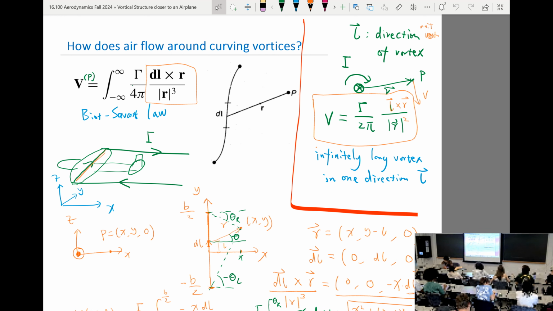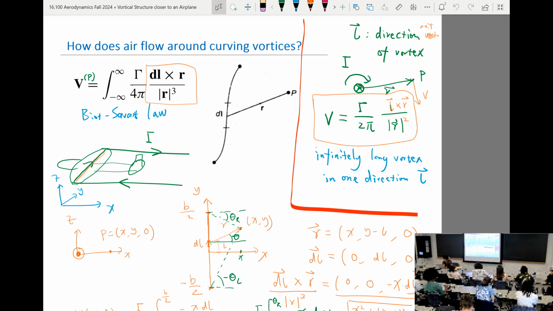Now let's look at a small segment dl. We know dl points towards the positive y direction, and r is going to be this vector.